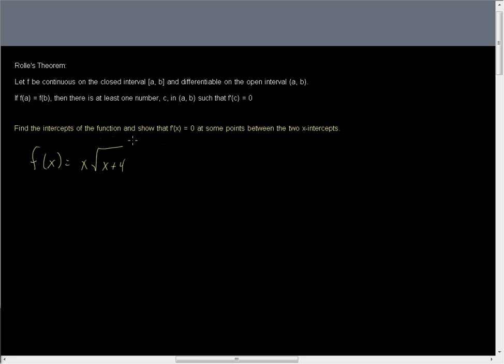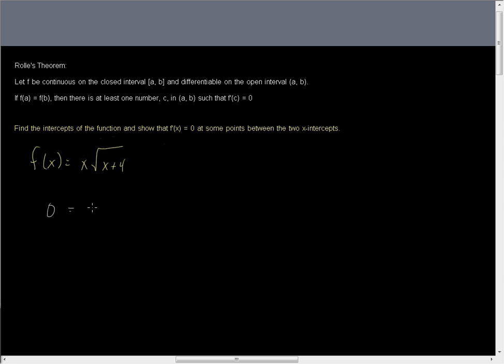Part A in this particular function uses Rolle's theorem. It says find the intercepts of the function and show that the derivative equals 0 at some point between the two intercepts. Okay, so find the intercepts. Step 1. To find the intercepts, we have to set y equal to 0. That's where the intercepts are.